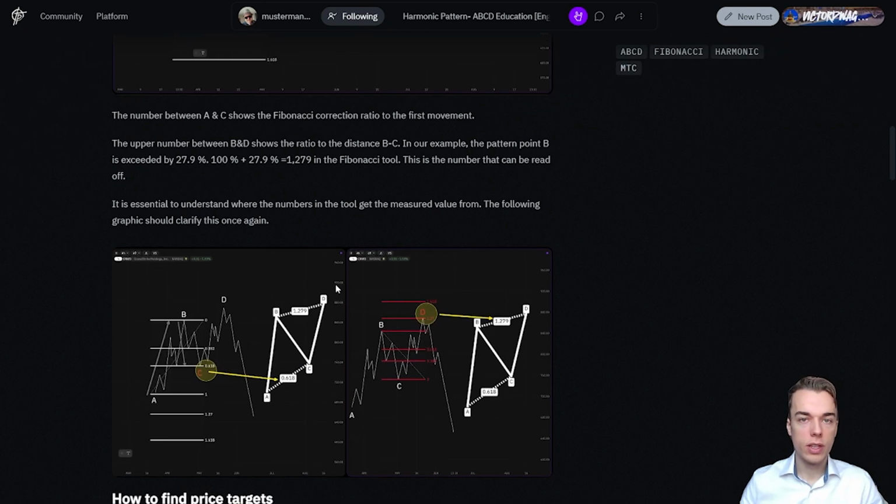You basically have the Fibonacci retracement values, which you get also via drawing a Fibonacci retracement from A to B. You have your 0.618 Fibonacci retracement on the point C, which is also the value that is being displayed on the harmonic tool. The same is true for the pattern point D. If you draw a Fibonacci retracement from B to C, you have the pattern point D at the 127 rebound, which is also the value that is being displayed right here.